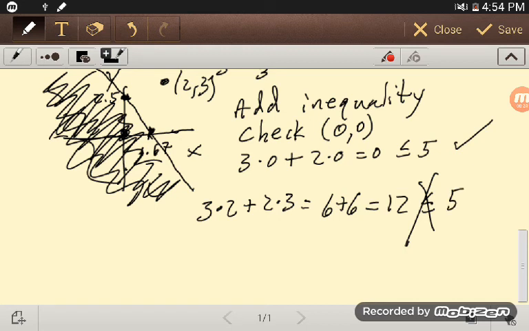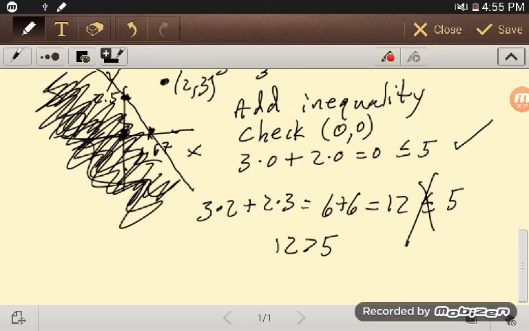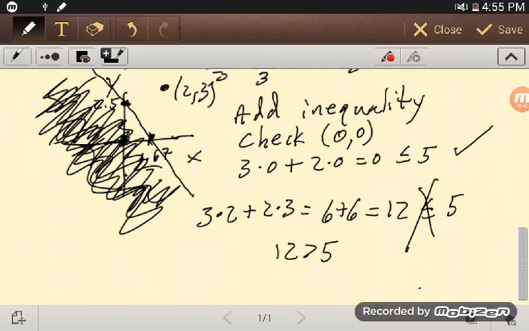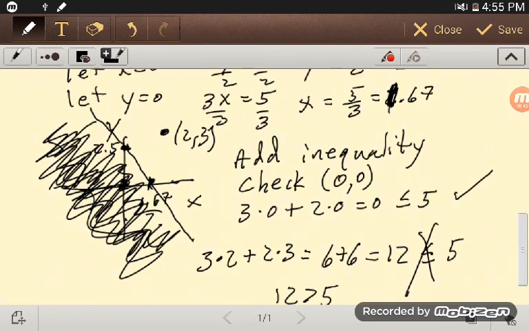That is not less than or equal to 5. 12 is greater than 5. It didn't work. So this point didn't work, but if you try anything over on this side, it is going to work. And that's really all there is to it in graphing these inequalities.